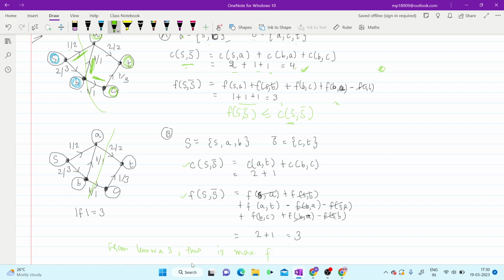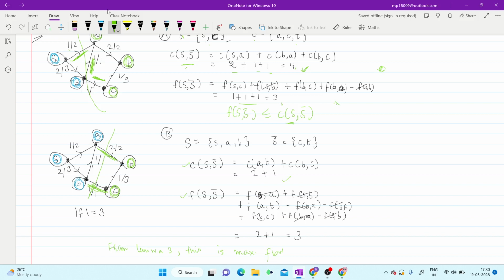This is the maximum flow. So for part B, what is our cut? It is first S, A, B, and the other vertices are T and C. So we see there are 2 such edges, AT and BC.